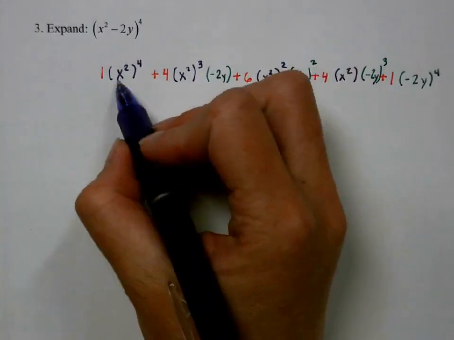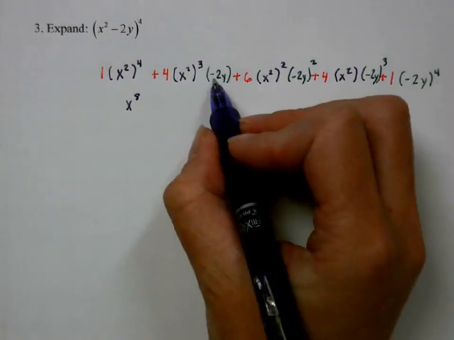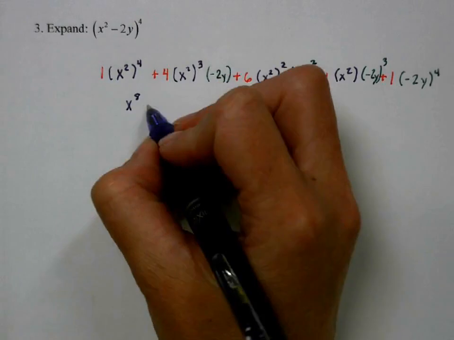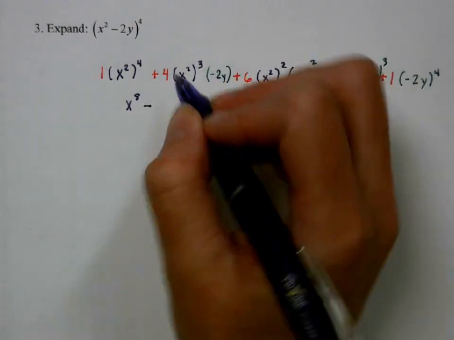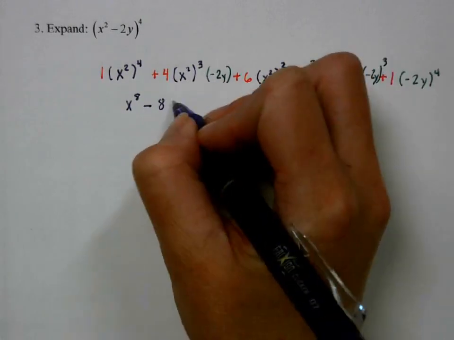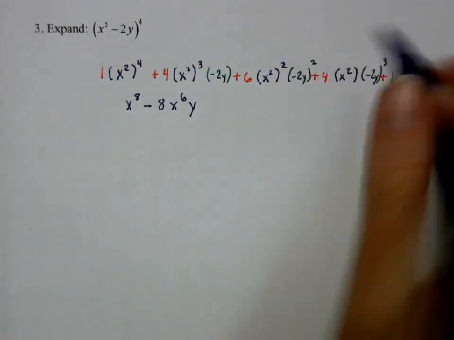First, we have the power to the power, so that's going to be x to the 8th. Here, this negative is being raised to an odd power, so this next term is going to be negative, and then I'll multiply the 2 and the 4 to get 8, and then we have x to the 6th and y. This next one I'm going to do in 2 steps.